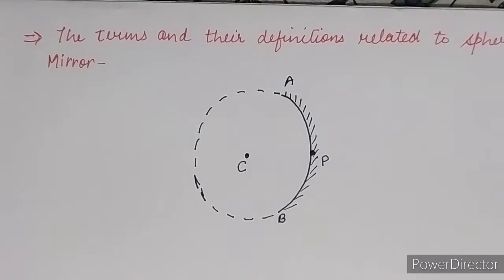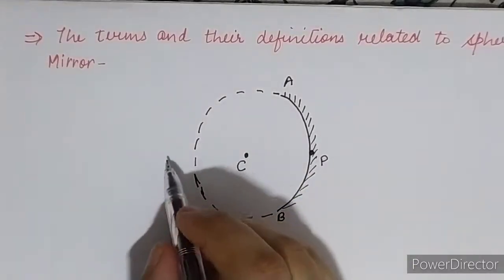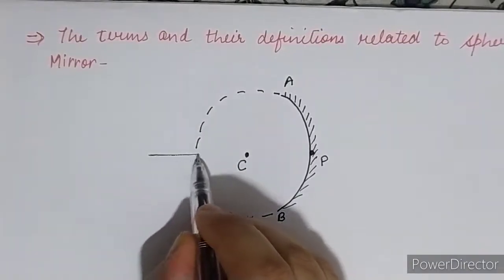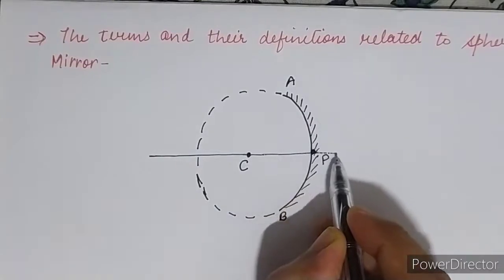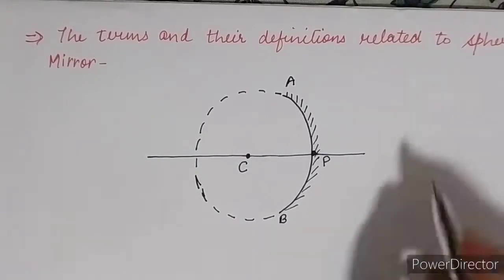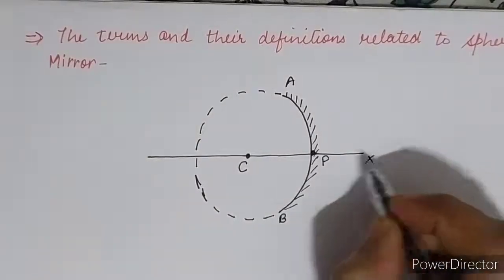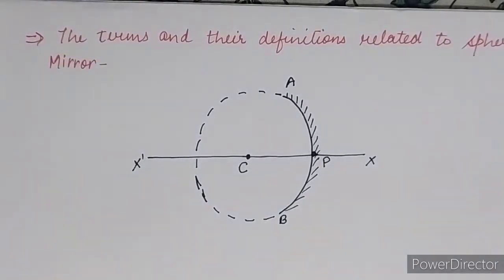Now the straight line passing through the pole and the center of curvature is your principal axis. Clear? Principal axis, you may even denote it by X dash. Clear beta?